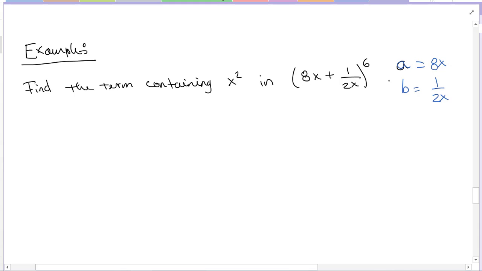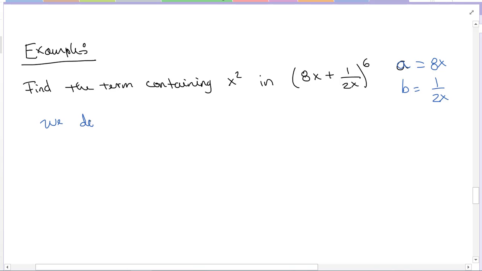So when we start doing the powers of a times b, if I just do right away a times b, my x's are going to cancel. So the term that contains x squared is not necessarily that r equals 2, because as I multiply my a and my b, 8x times 1 over 2x, different powers of these are going to act differently. So we actually don't know what r is.